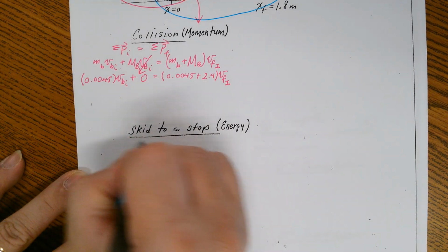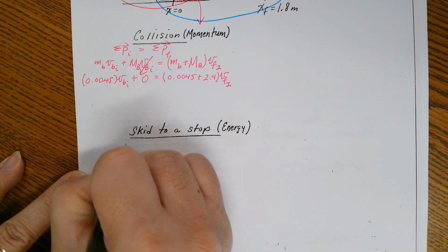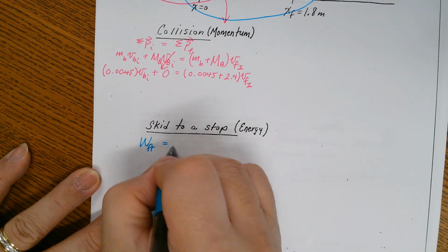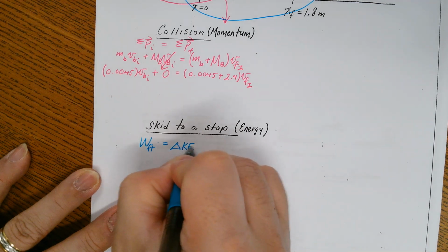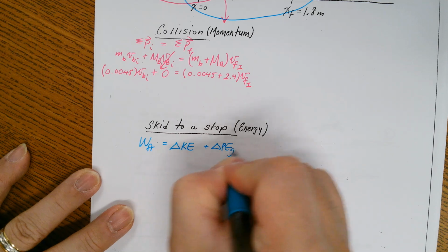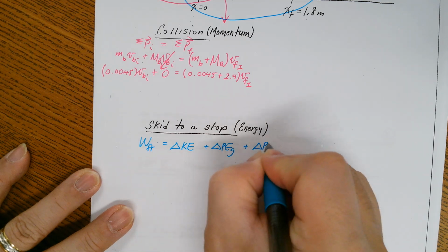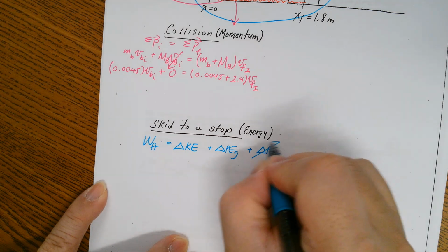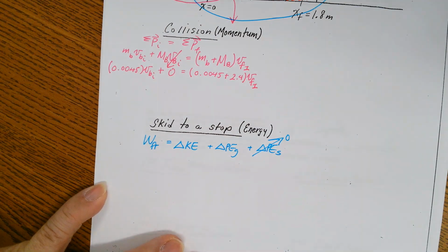Phase 2: work done by friction is equal to change in kinetic energy, plus change in gravitational potential energy, plus change in spring potential energy. Well, we don't have any spring involved, so we don't have to worry about this.